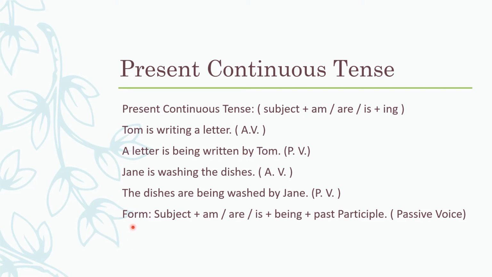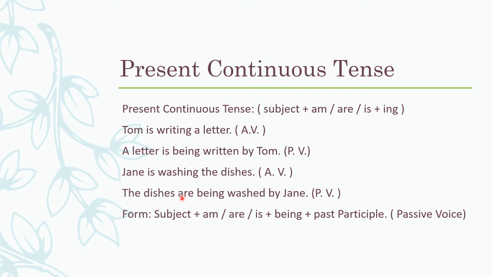Look at the form of the passive voice in the present continuous tense: subject, am, are, is, plus being, plus the past participle. The next example, Jane is washing the dishes, active voice. We know that the object in the active voice becomes the subject, and the subject in the active voice becomes the object in the passive preceding by.